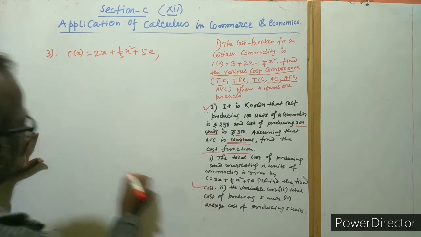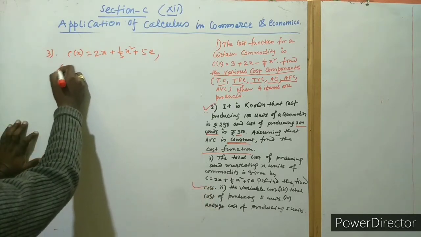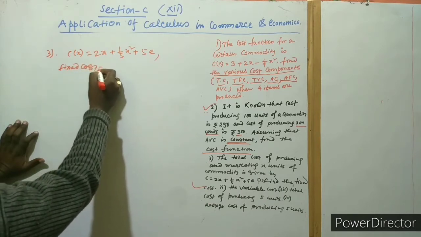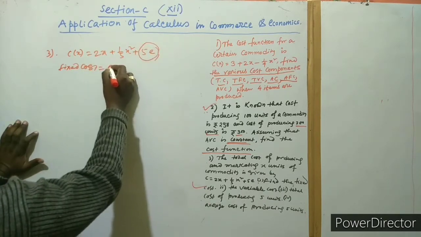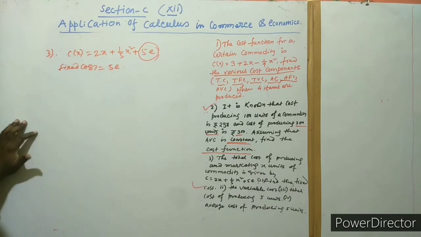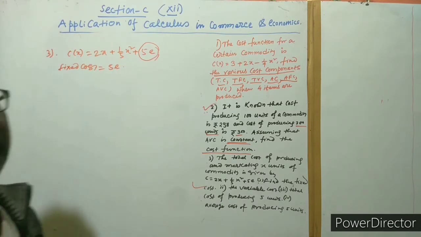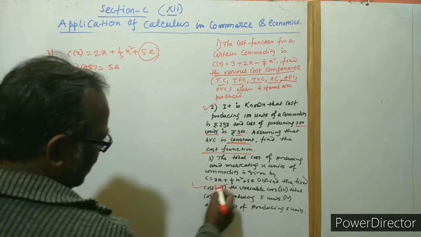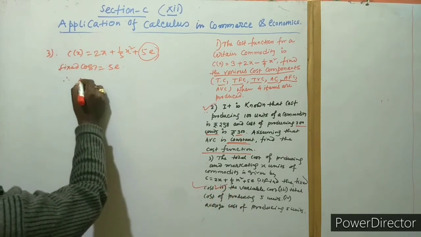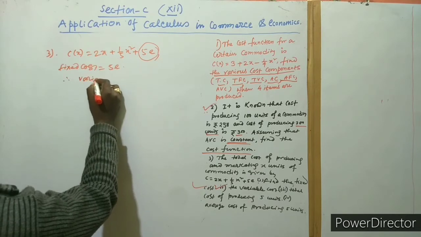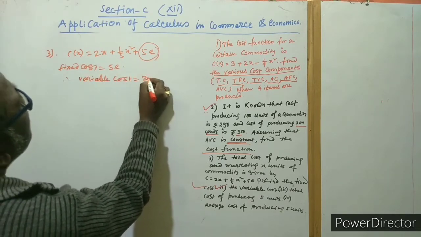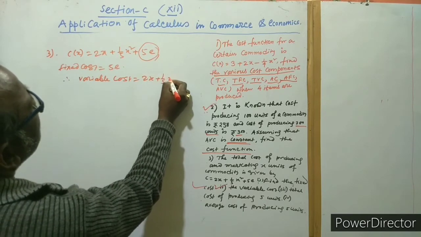Find the fixed cost, and the same question, the fixed cost. Where x is absent, this part is called the fixed cost, this is 5e. And the variable cost is therefore 2x plus 1 by 5 into x square.